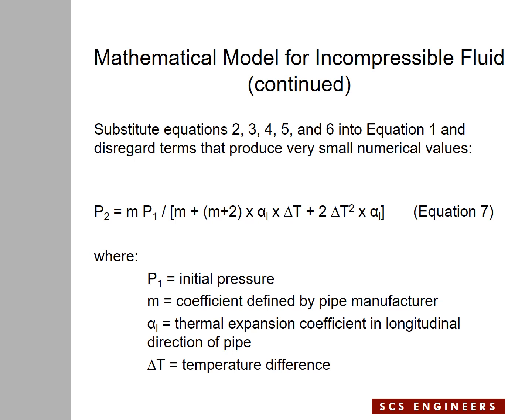Equation 7 gives us the final pressure in terms of initial pressure P1, temperature difference delta T, thermal expansion coefficient in the longitudinal direction of the pipe, which is alpha L, and the M value, which is the ratio between the thermal expansion coefficients in the longitudinal direction and the circular direction.